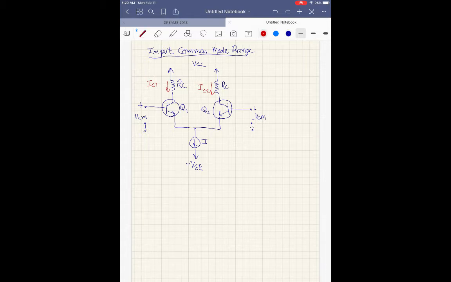We've got an emitter current on Q1, and we've got an emitter current on Q2, okay?